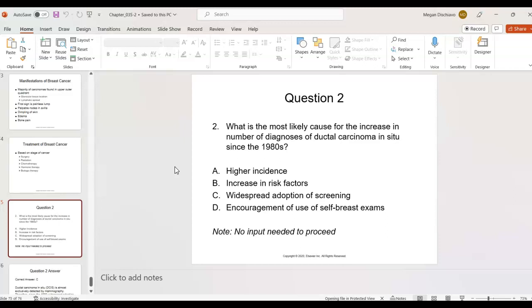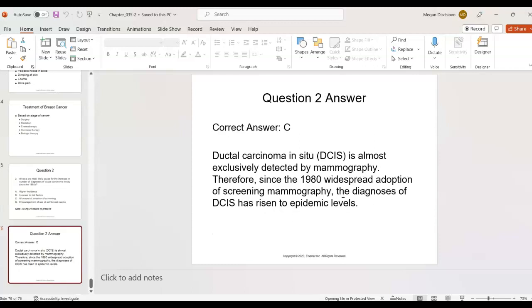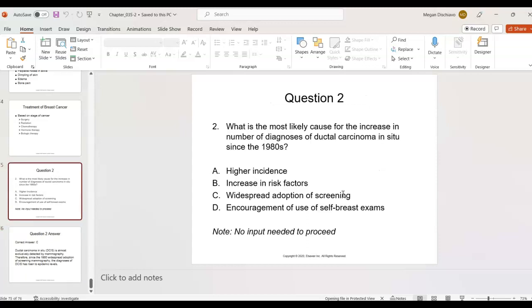Probably a lot of you haven't been around since the 80s, but my point is that you should probably be able to guess just from your experience that the widespread adoption of screening has really caught a lot of these cancers, and we know generally a bit earlier. Thank goodness, right? And that is indeed the answer for this. So don't forget that good old common sense and also experience can be used to answer some of these questions.